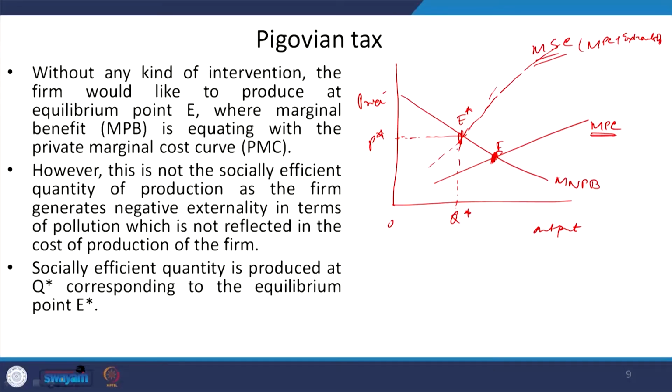So, this is how we are finding that Q star is the socially efficient quantity, because we have taken into account the marginal social cost here, right. And this marginal social cost is marginal private cost plus this much of externality that we have taken into account. Okay.